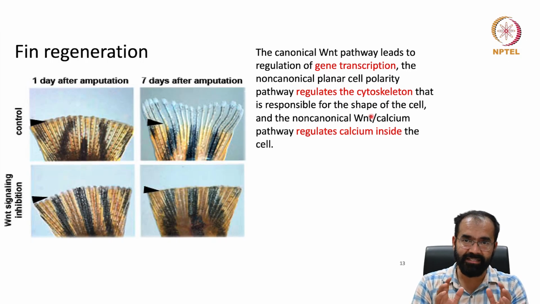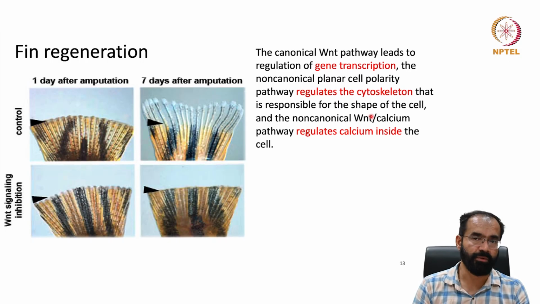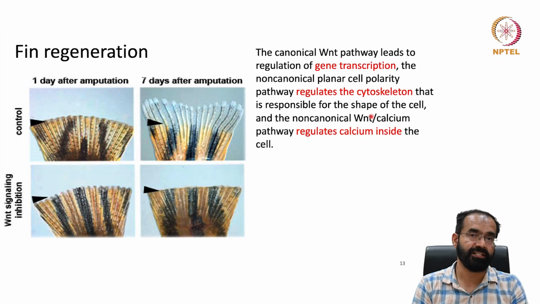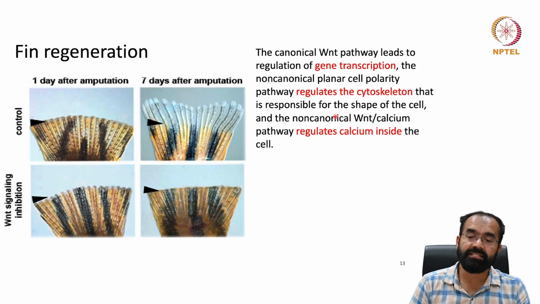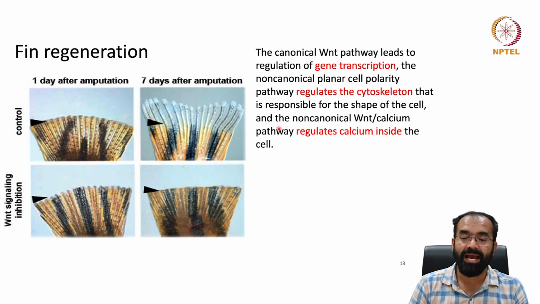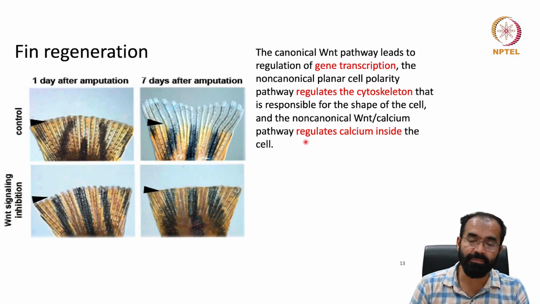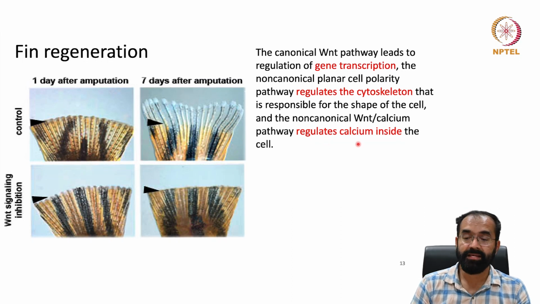But once it has lost its mesenchymal property as a part of differentiation, and is retaining its epithelial property, then it will settle down and the morphology changes. So the regulation of the cytoskeleton is important, because the cytoskeleton decides what should be the shape of the cell. That is also governed by this Wnt signaling. And the non-canonical Wnt calcium pathway can regulate the calcium inside the cell, which is also important for various signaling events.